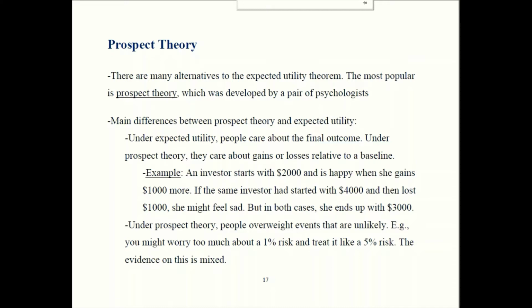Thus, even though in both situations our investor has the same $3,000 at the end of our story, our investor is probably not equally happy in both. So prospect theory tries to explain that by saying it's not really about the final outcome, but rather about whether you make a gain or a loss compared to some baseline, compared to where you started from. So that's one difference between prospect theory and expected utility.